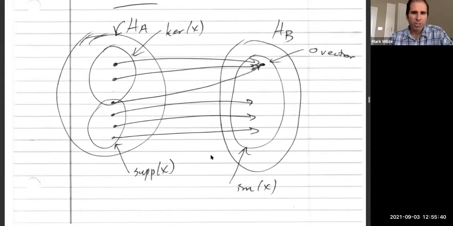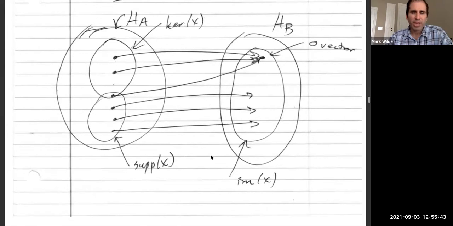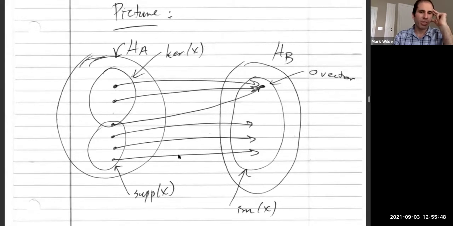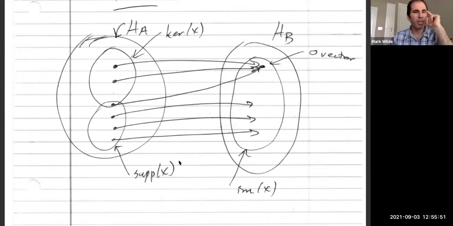Here's a helpful picture that Sumit added to the book pretty recently that I think is nice, that captures all these concepts in a pictorial way. So there's the whole input Hilbert space, okay? And the kernel is a subspace of the whole input Hilbert space. It's all the vectors that map to the zero vector, right? That's how we defined it. The support is orthogonal to it.